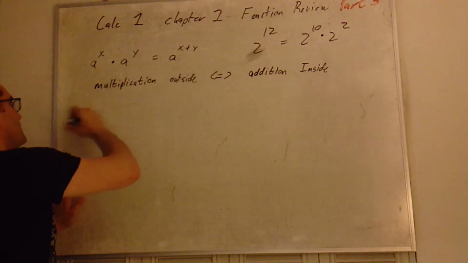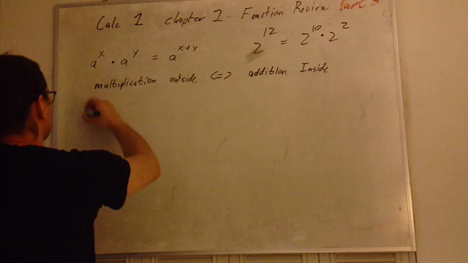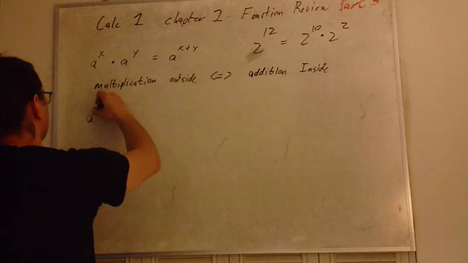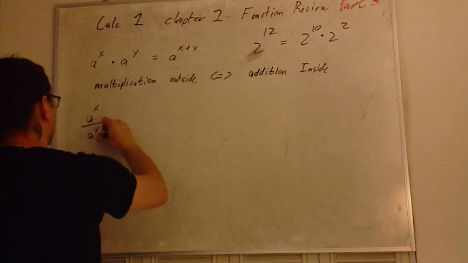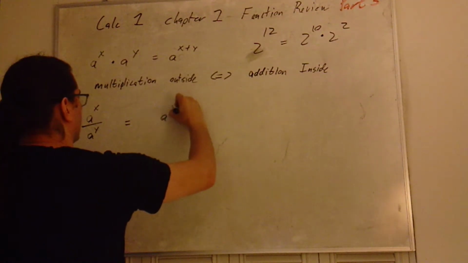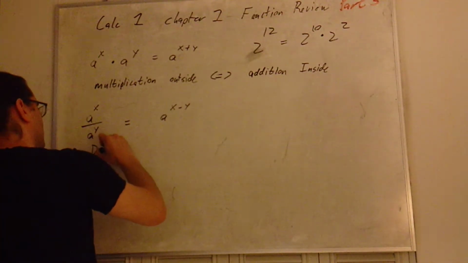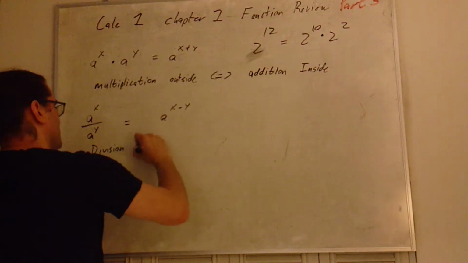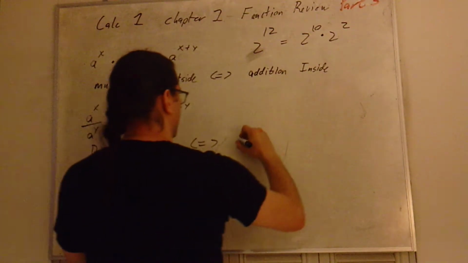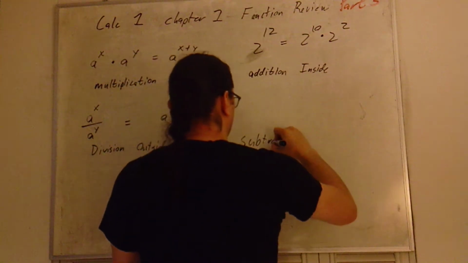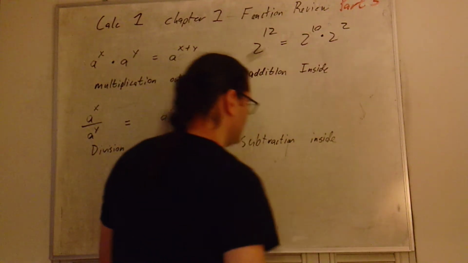Another property of exponents we have is basically the same as this, but with division. A to the x over a to the y is going to give us a to the x minus y. So this would be division outside is the same as subtraction inside.